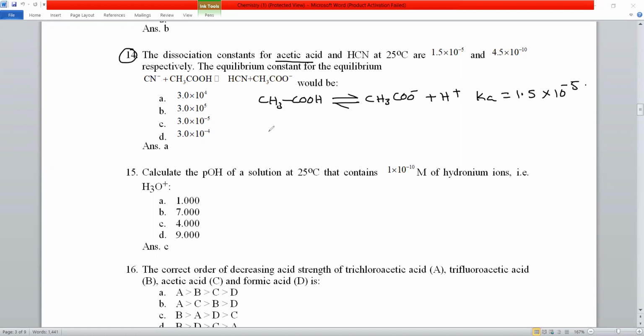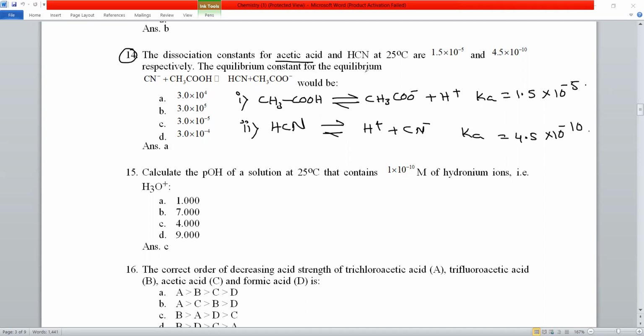And HCN is also given, dissociating in equation number 1 and equation number 2, into H+ and CN-. Its dissociation constant Ka equals 4.5 × 10^-10 respectively.